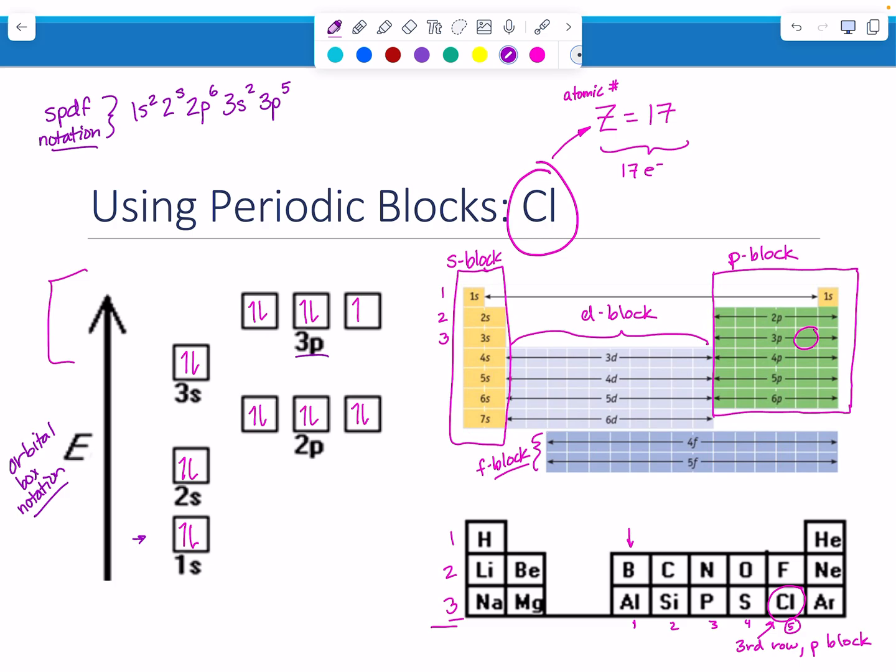We'll talk about what those valence electrons are in a minute, but the notation that helps us see just our valence electrons the best is our noble gas notation. So let's do the noble gas notation now, and we'll put that in blue.